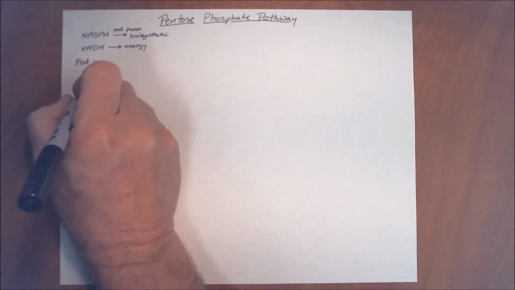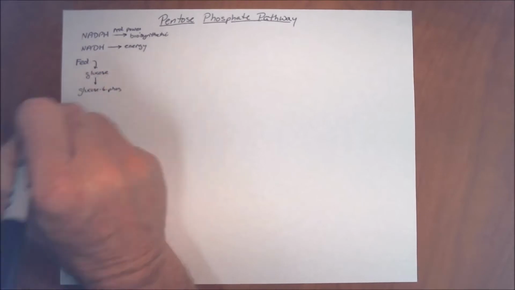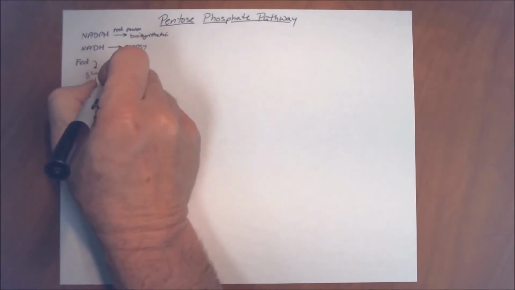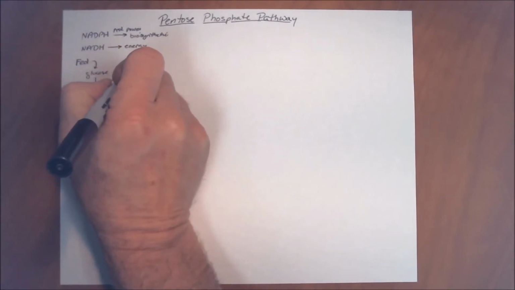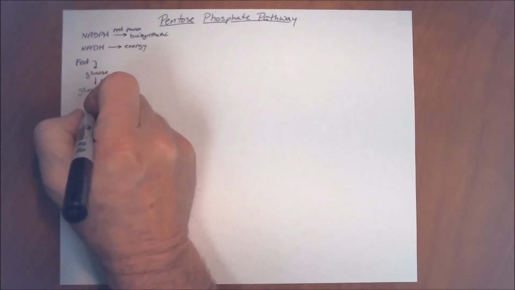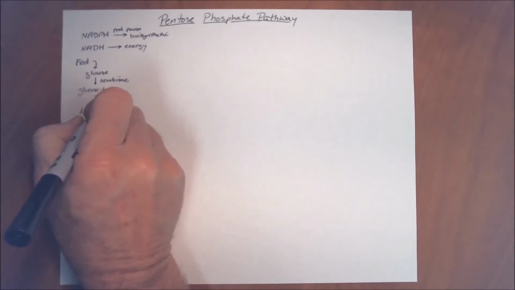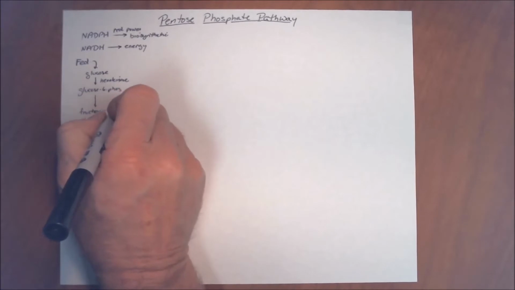Our first step of our reaction is glucose to glucose 6-phosphate by the hexokinase enzyme. And this will trap the glucose inside the cell. Then we have our isomerization reaction to produce fructose 6-phosphate by the phosphoglucose isomerase.